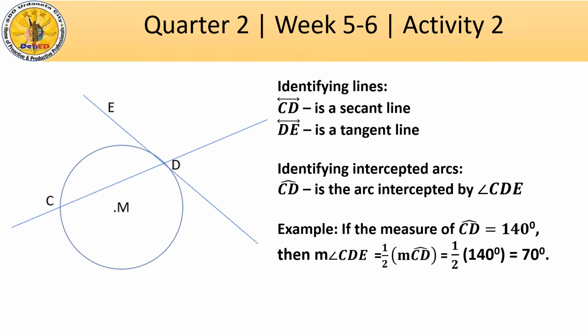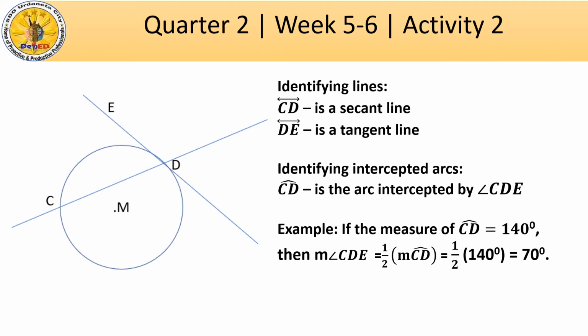Okay, for example, if the measure of arc CD is equal to 140 degrees, so using your theorem C, the angle formed by the intersection of a secant and a tangent is 1/2 the measure of the intercepted arc.